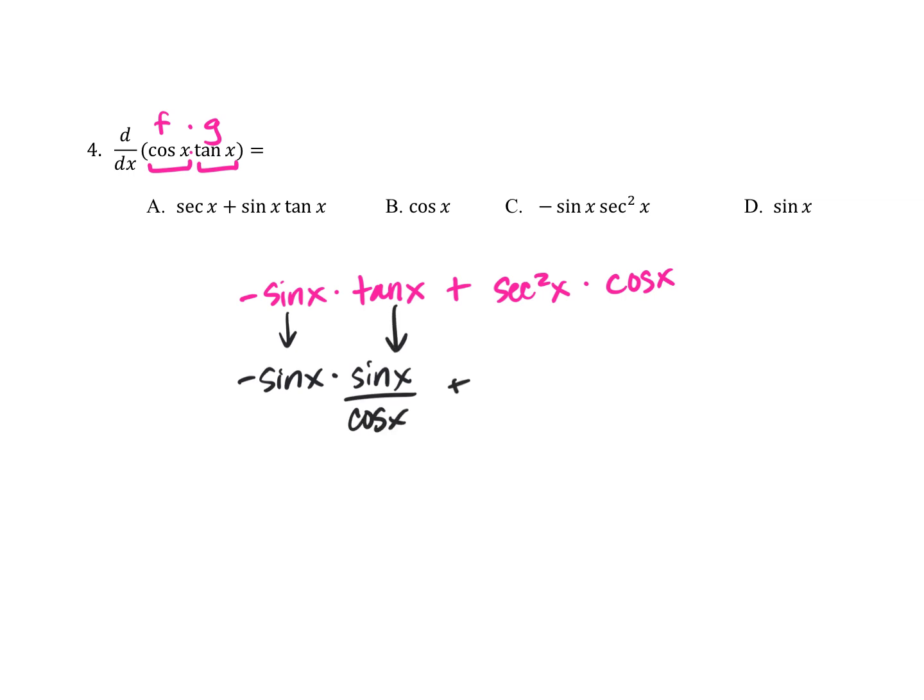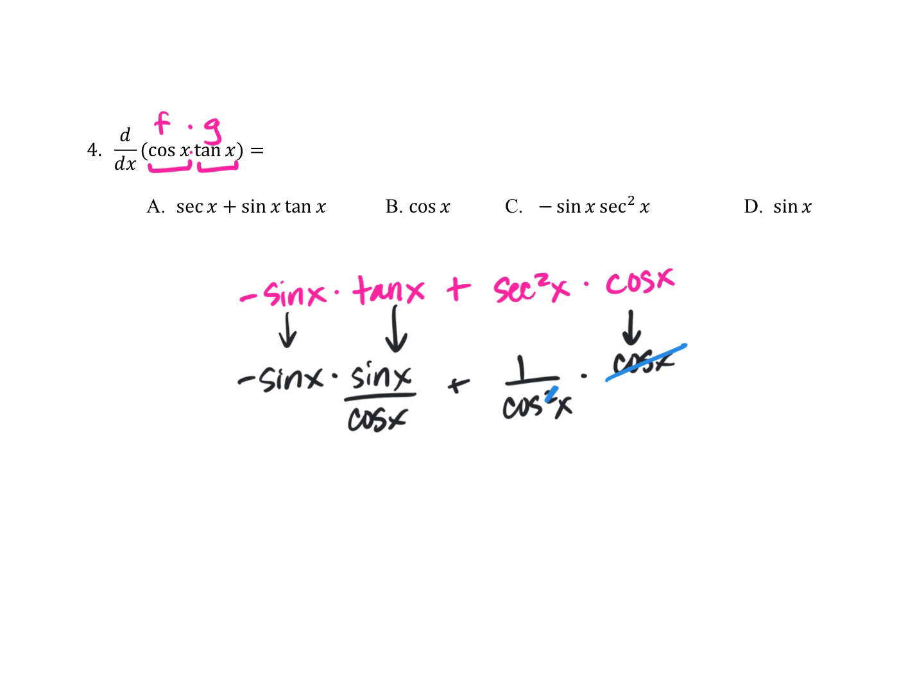How can I rewrite secant squared? 1 over cosine squared. So this secant squared is 1 over cosine squared. I'm just going to bring this one down. Isn't this really just cosine over cosine squared right there? Yeah, so I agree. One of them's going to cancel. Boom.